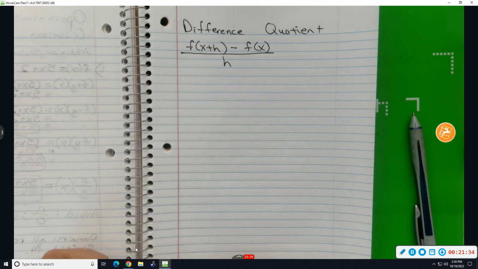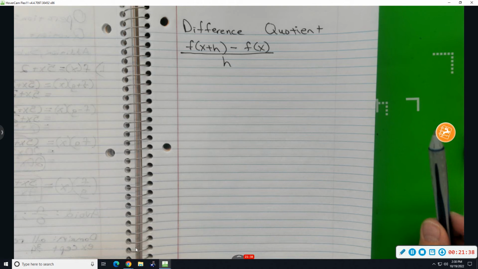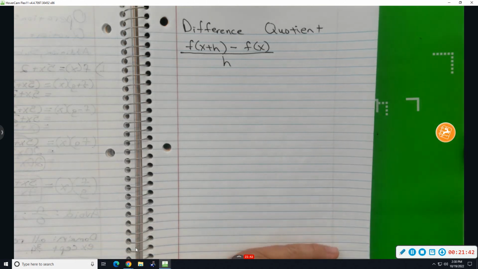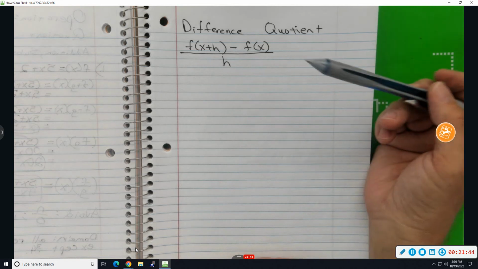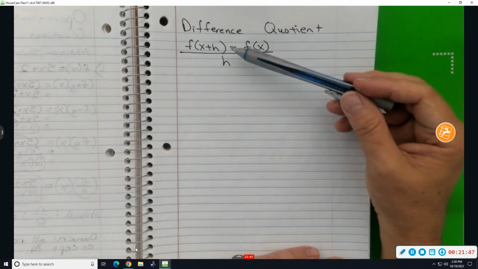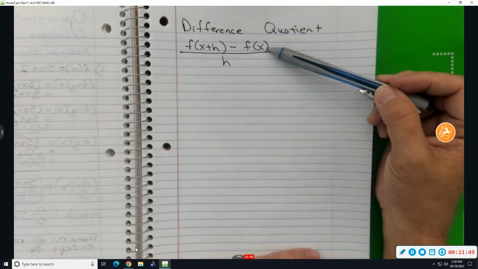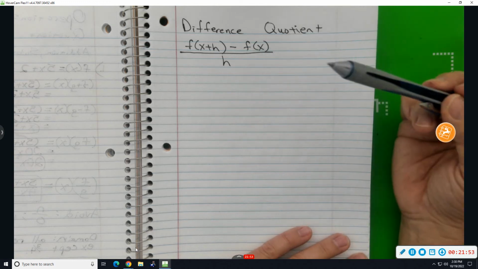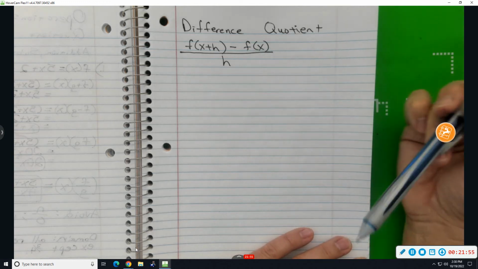To simplify a difference quotient, what I'll do is break the problem into 3 parts. I'll first of all find f of x plus h, and then I'm going to take away the original function's terms. That's the minus f of x part. The last thing I'll do is divide by h.